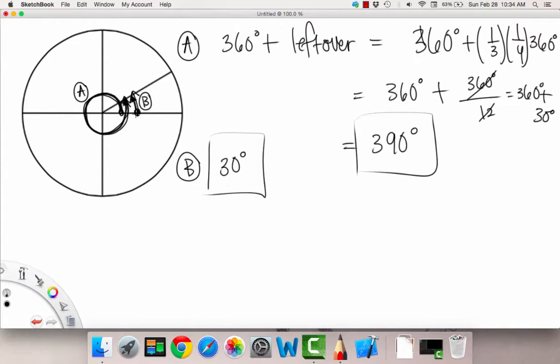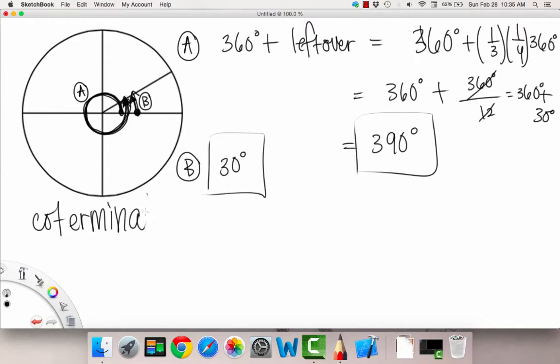They started at the same place, but with angle A, we traveled a longer distance rotationally. We traveled through more angles to get to where we end up, whereas B started at the horizontal axis and just went up like that. It didn't go all the way around. It just went once up to our angle there, okay? So these angles, 30 and 390, would be called coterminal.